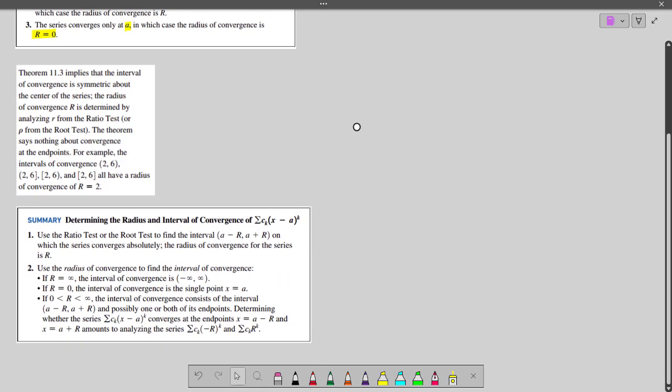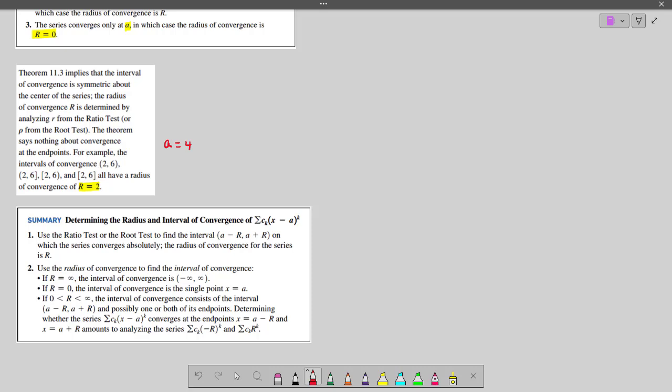So this just tells us the following: let's suppose we have a power series here, and we calculate the radius of convergence to be 2, and let's suppose that the center is 4. If the radius of convergence is 2, that means we can go 2 to the right of 4, 2 to the left of 4, so that gives us the interval from 2 to 6.